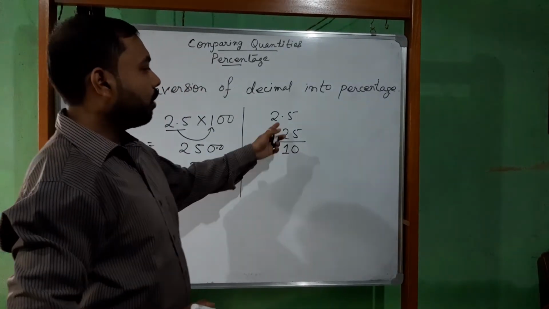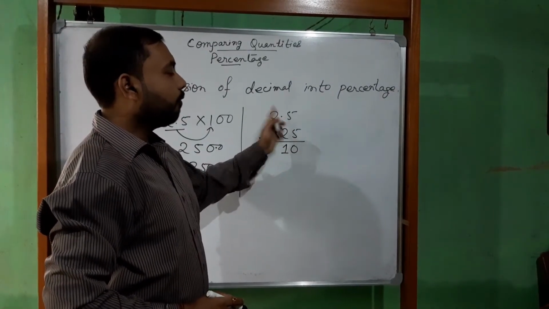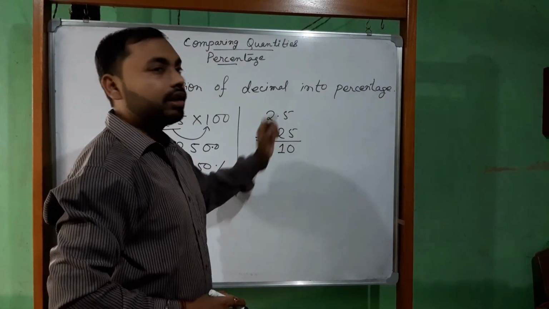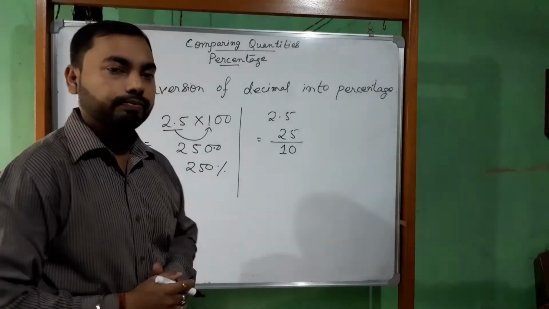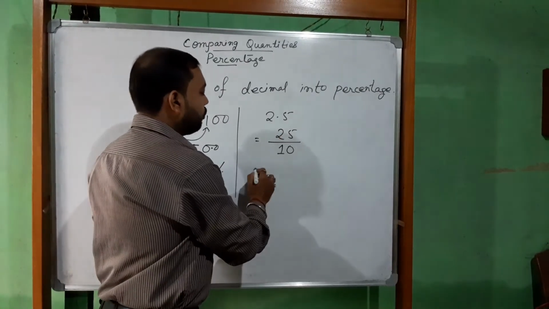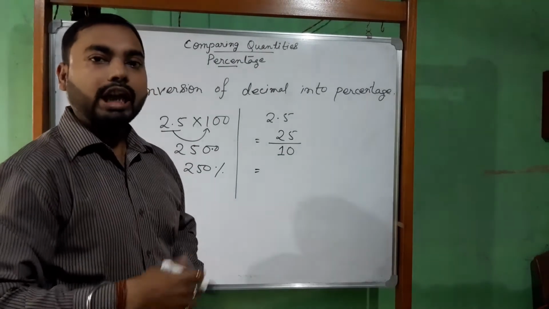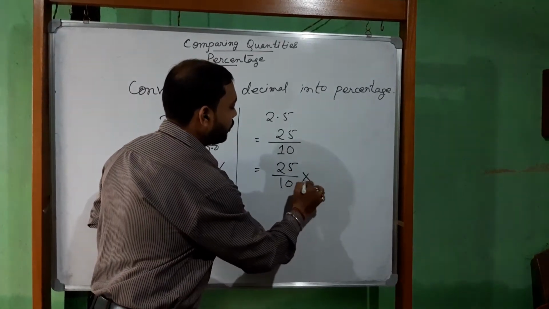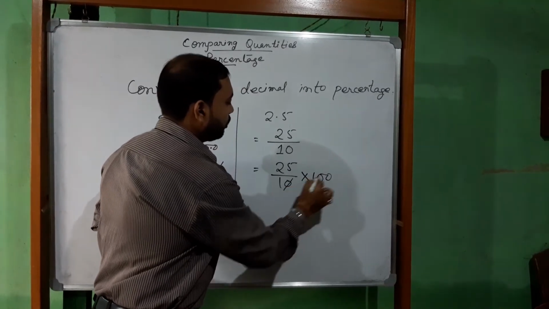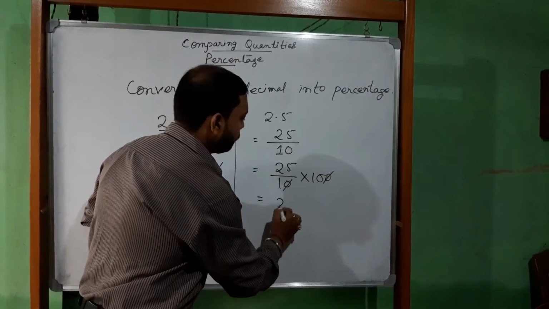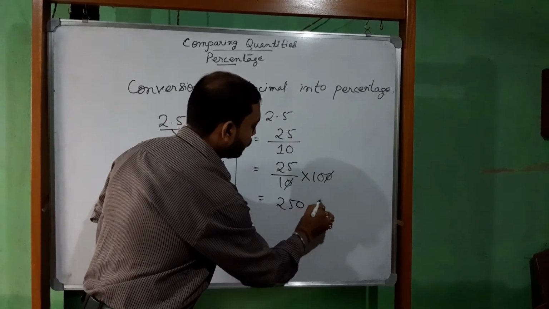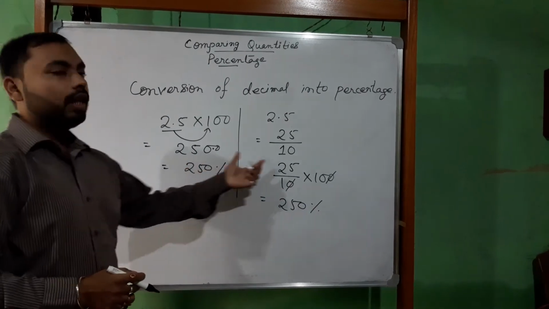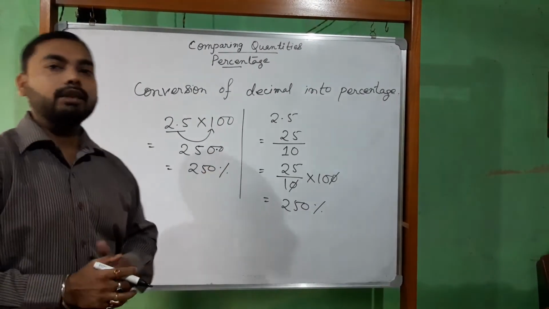How have we written that? Because after the decimal point we have one digit, so we have written 10. Now you convert this fraction into percentage. So it will be 25 by 10 into 100. So 10 is cancelled. Now you multiply 25 into 10. So it is 250%. See, the answer is the same. So whichever method you feel convenient, you will do in that method.